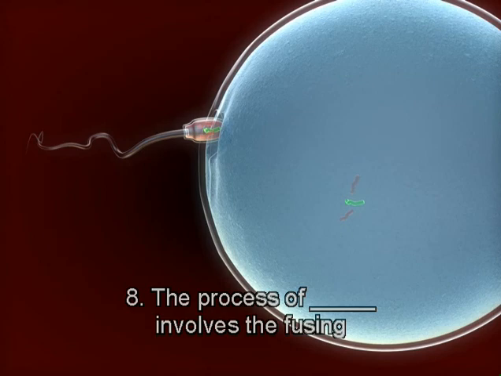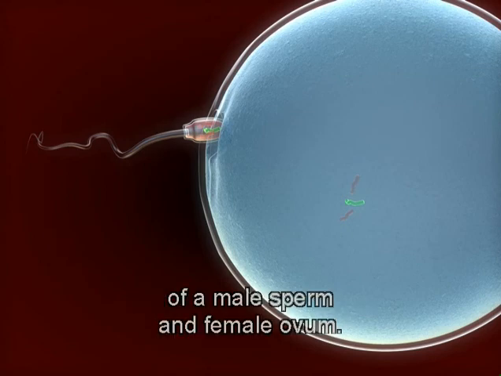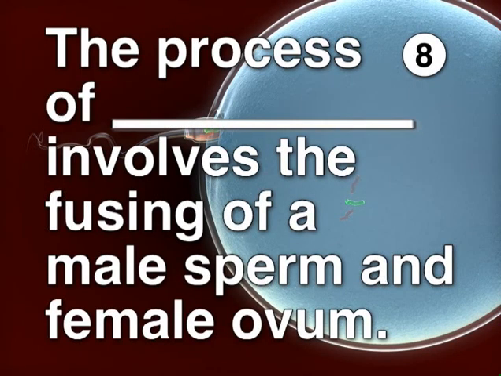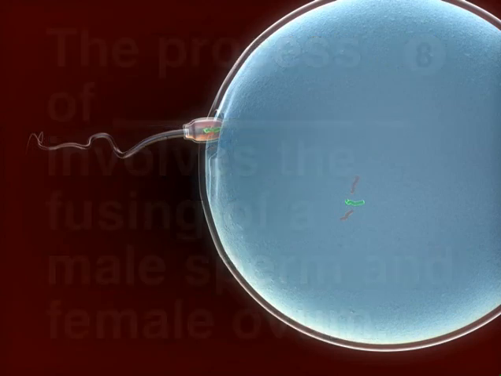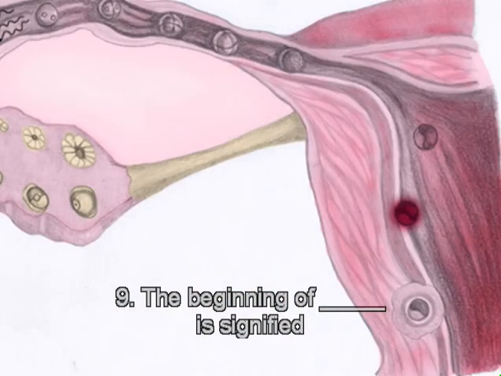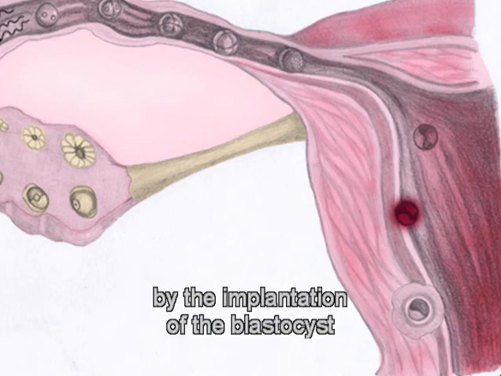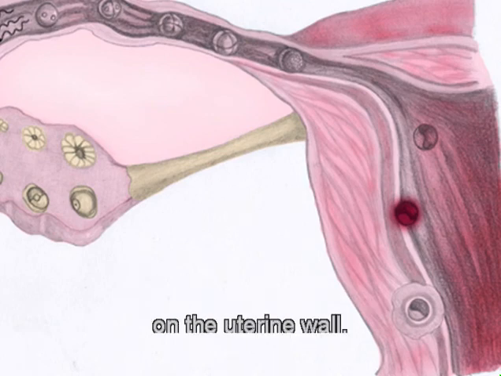Number 8. The process of ___ involves the fusing of a male sperm and female ovum. Number 9. The beginning of ___ is signified by the implantation of the blastocyst on the uterine wall.